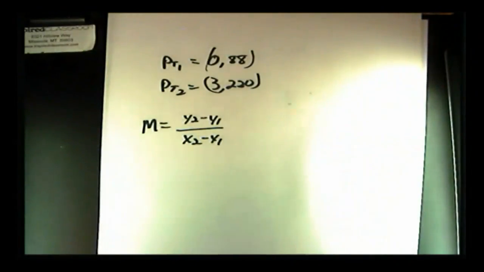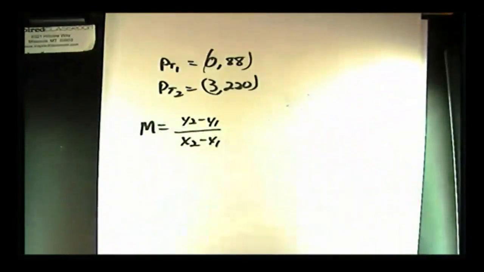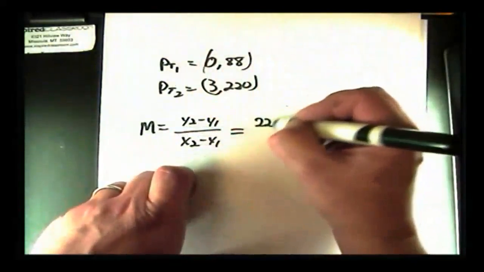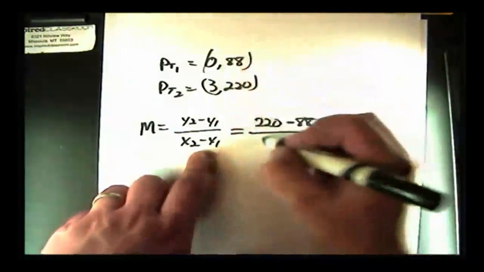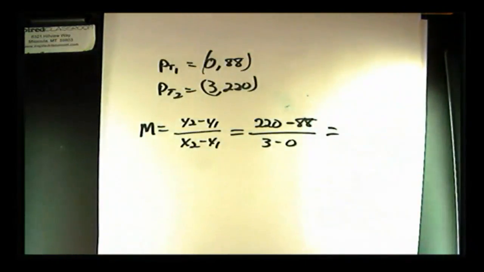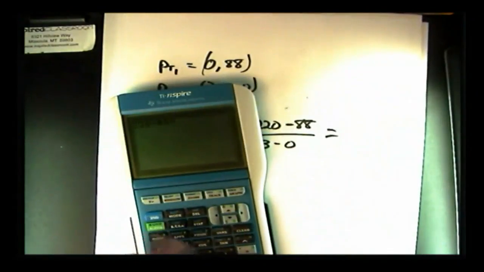So memorize rise over run first, and then make sense of what that means in your formula. In this case, point 2 is this one, so I have 220 minus 88, okay? And then, of course, here I have 3 minus 0. I'm looking for the rate of change on this thing, so I'm not keen on doing arithmetic, so I'll use the calculator.